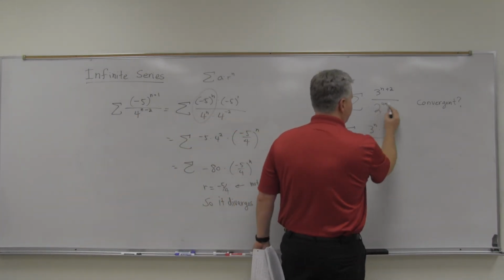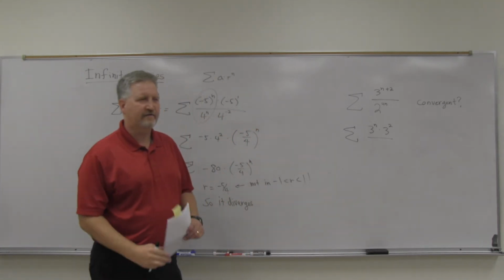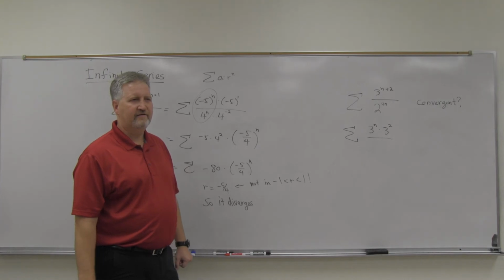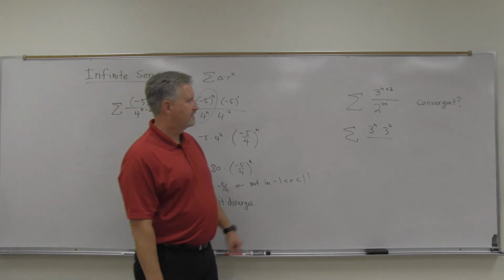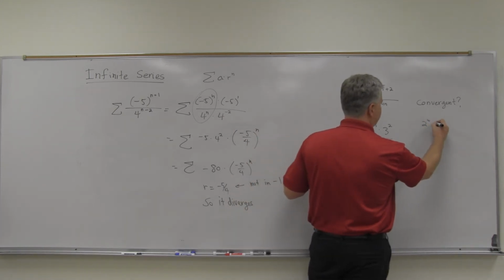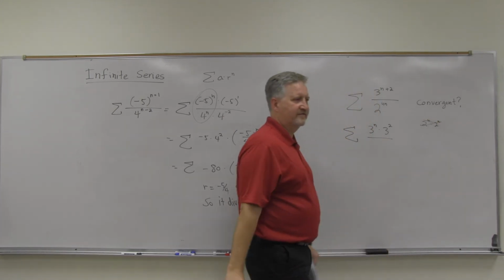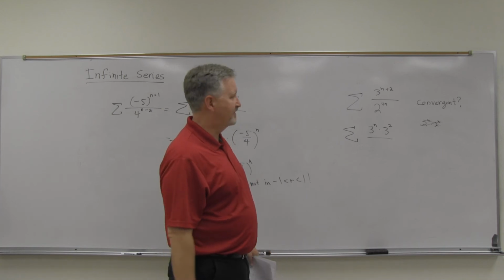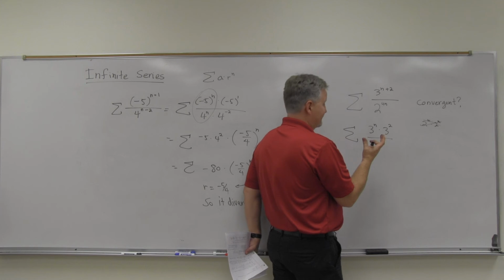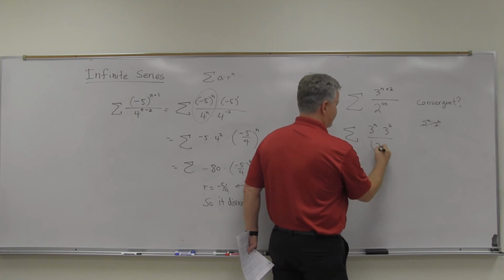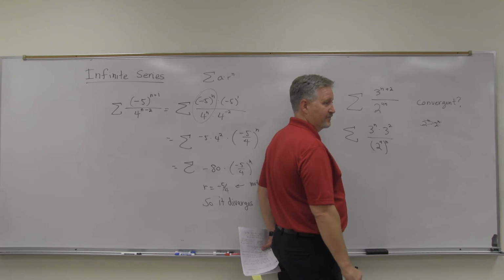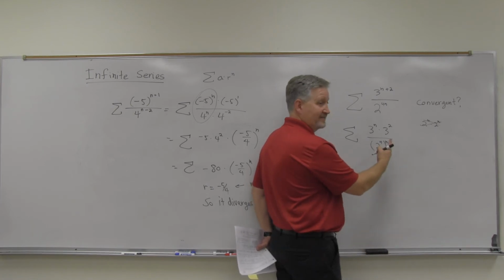But this is a little different. How would I write that? Because it's not 2 to the 4th times 2 to the n. That would be 4 plus n. This is more using the power rule for exponents. It's 2 to the 4th to the n, which is 16 to the n.